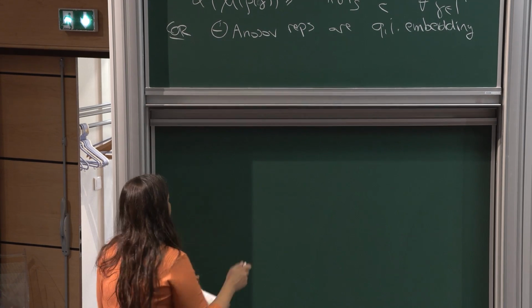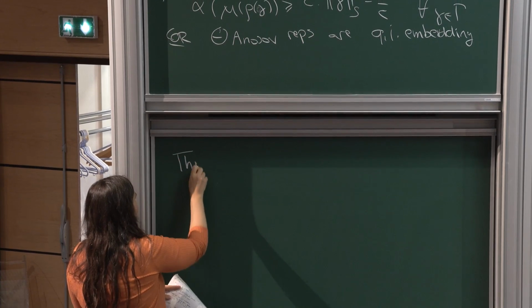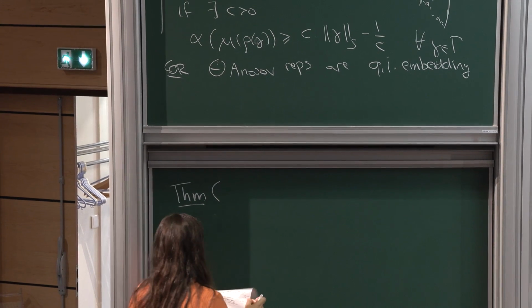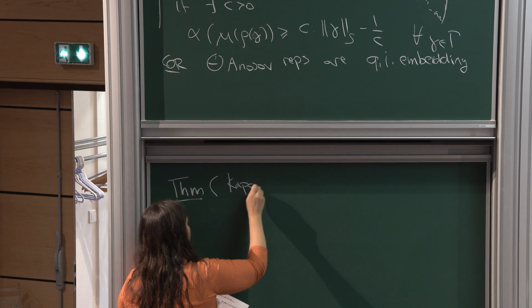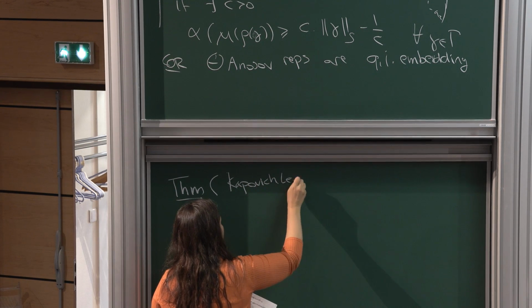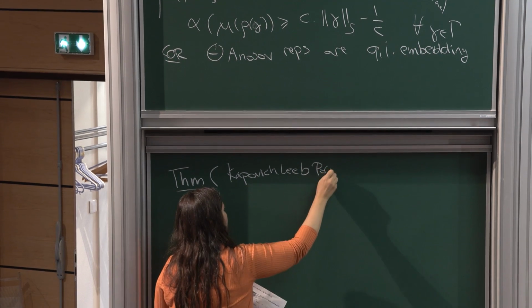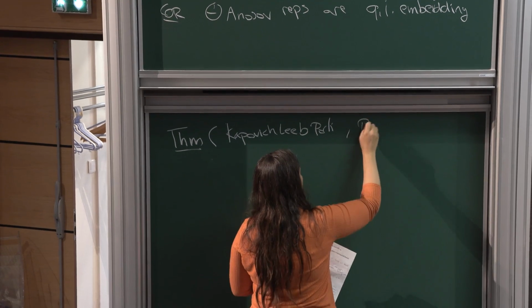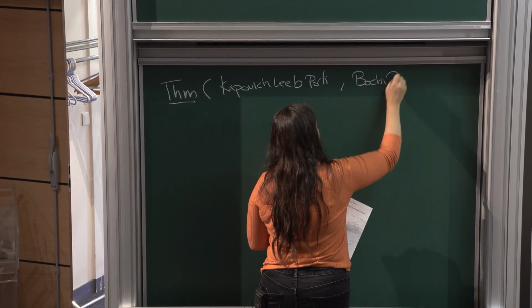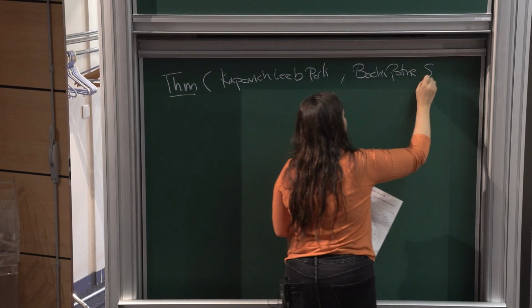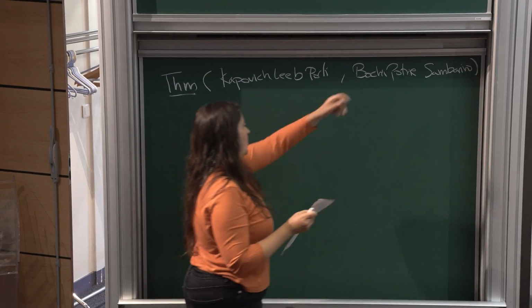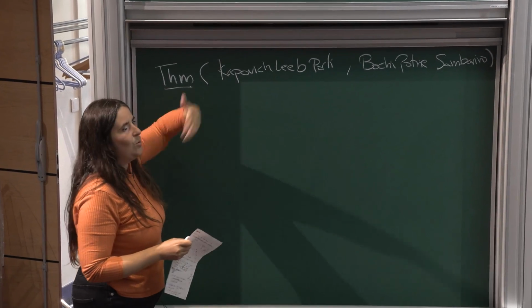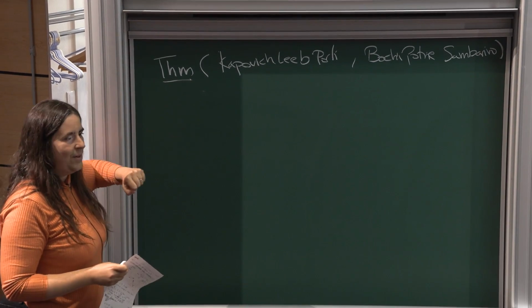Another result that maybe I'll write here as a theorem is due to Kapovich-Leeb-Porti and Bochi-Potrie-Sambarino. I really wanted to add Bochi-Potrie-Sambarino because they proved this theorem using dynamics, which is the main topic of the conference.